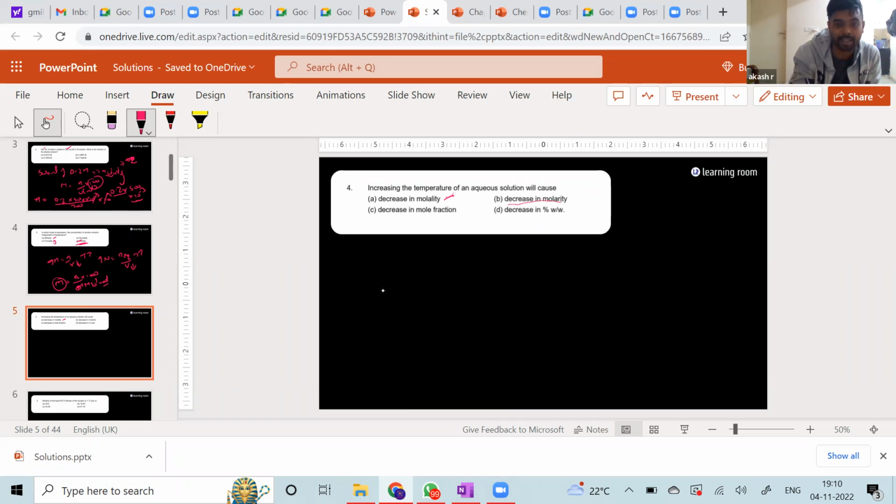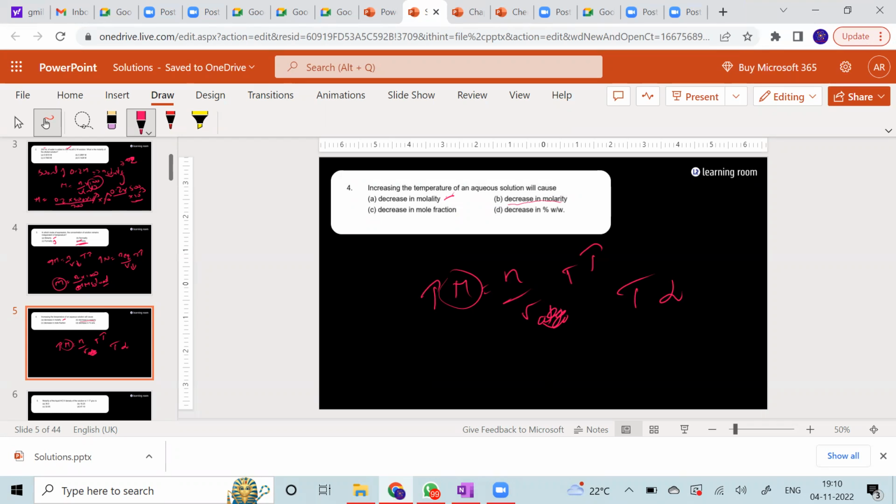Now, molarity is equal to number of moles by volume. So if temperature increases, volume increases, and molarity decreases. Increase in temperature is going to decrease my molarity, as temperature and volume are directly proportional.